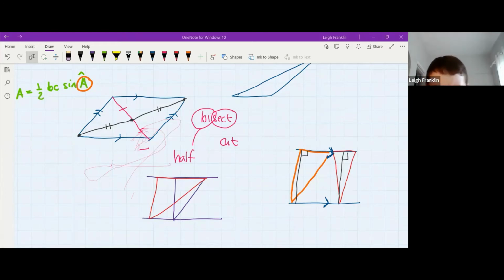Okay, let me just have a look. Okay, I have found the question. I just need to take a shot of it. I'm going to make this bigger.